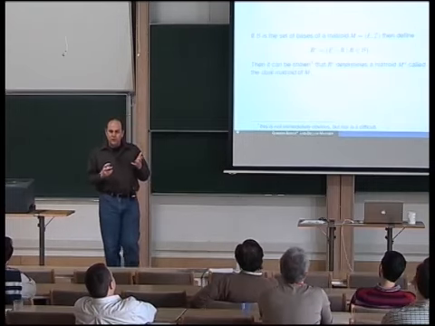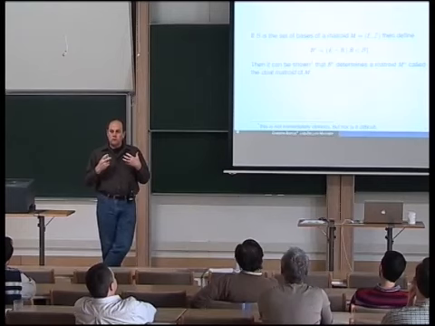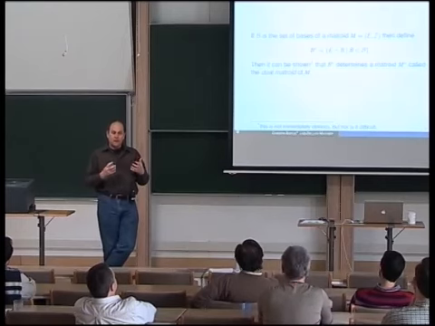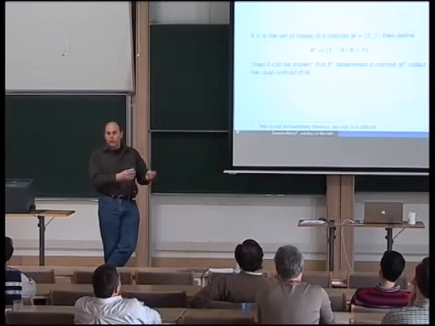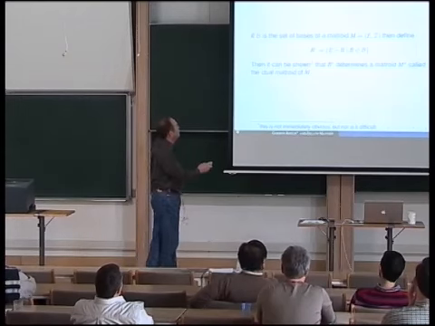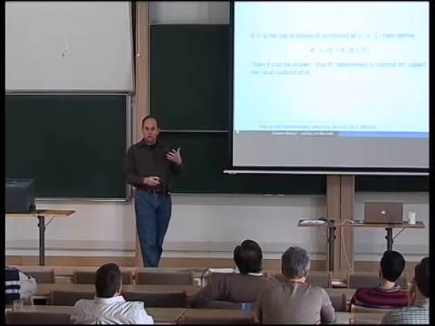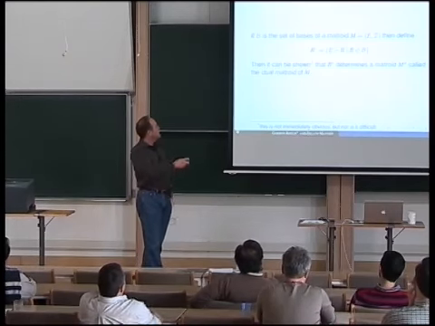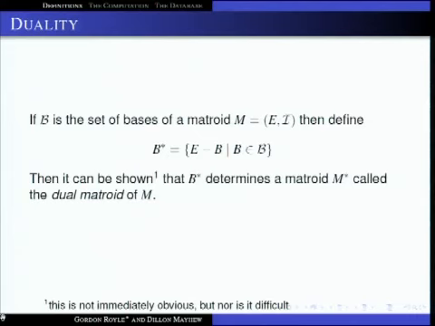There are some operations on matroids which can be easily defined and which generalize natural operations on graphs and vector spaces. Duality is probably one of the fundamental ones. Take your set of bases of a matroid and then individually complement each one. Take the complement of each of those and just look at that set of subsets.